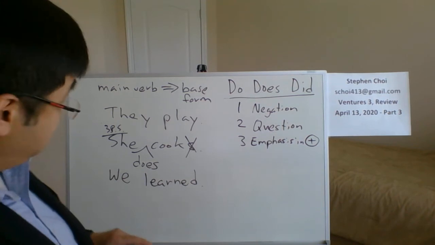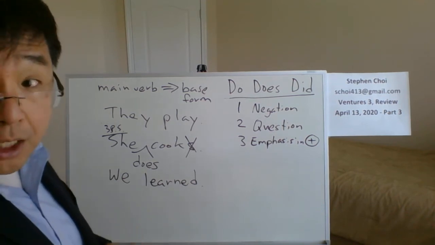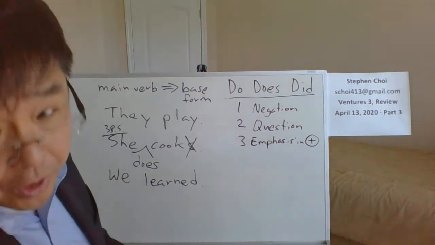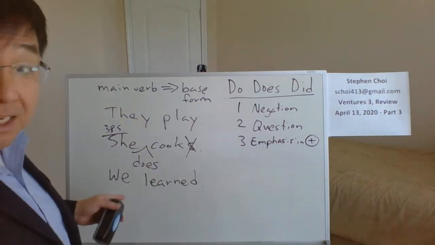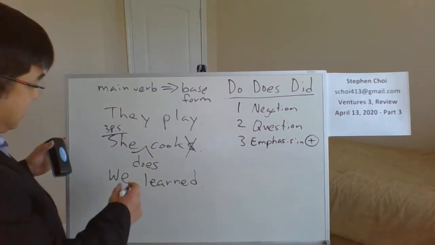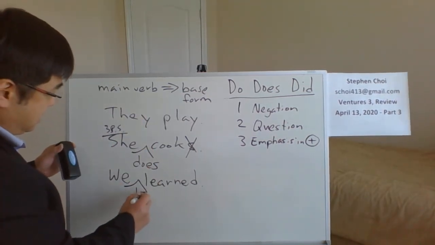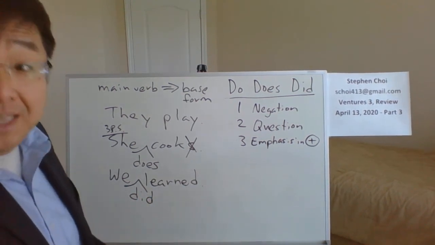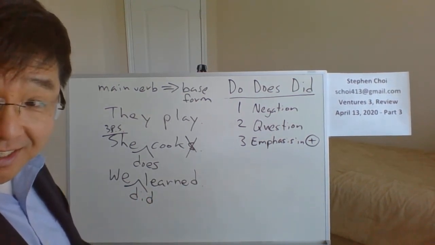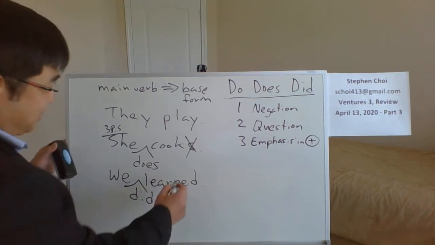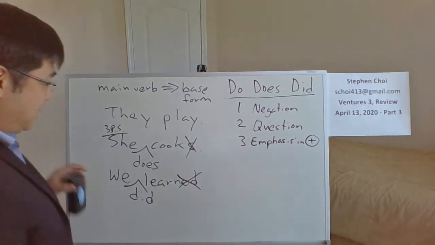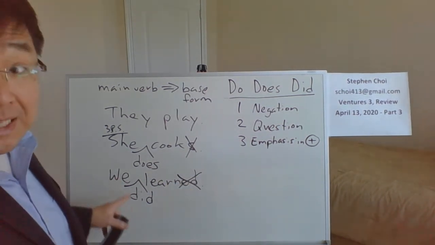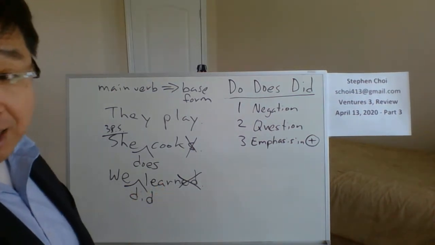Yes, we learned. Did you really learn anything? And you say, yes, we did learned. No, no, no. No more learned, okay? You say, yes, we did learn English last week, okay?